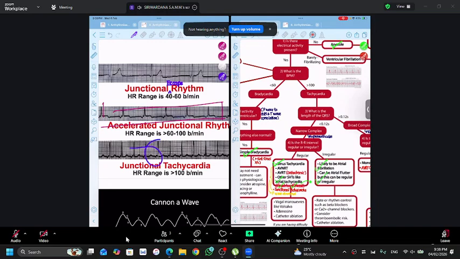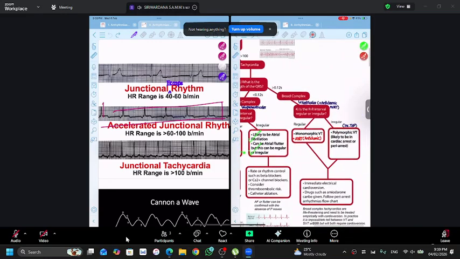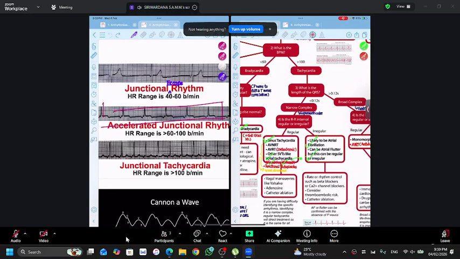These seem to be narrow complex tachycardias. Then you look at whether the RR interval is regular or irregular. Here it seems to be regular, so it can be something like this.